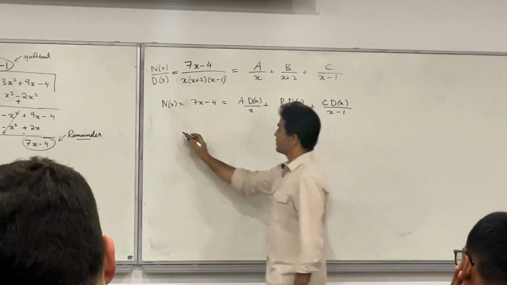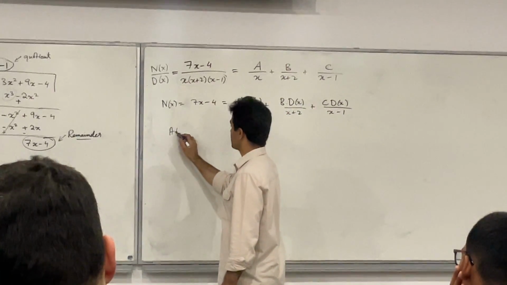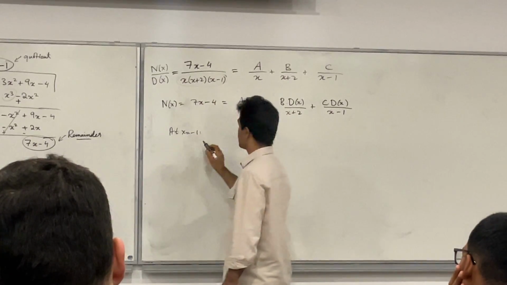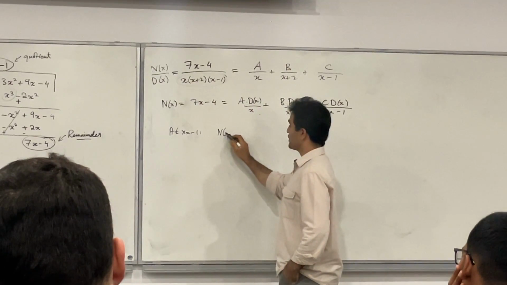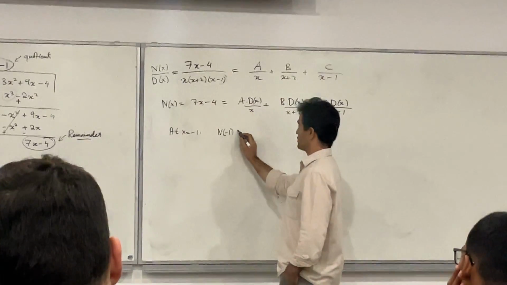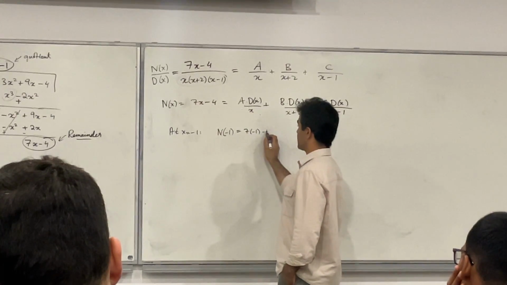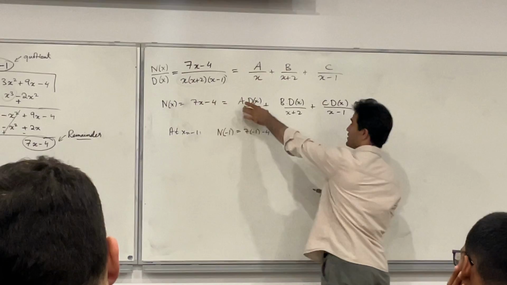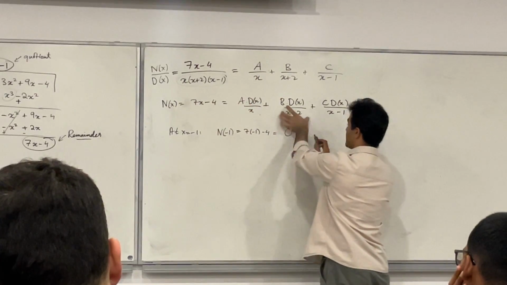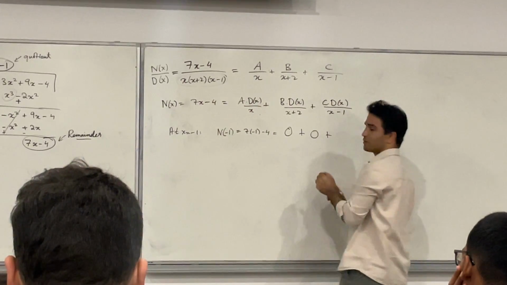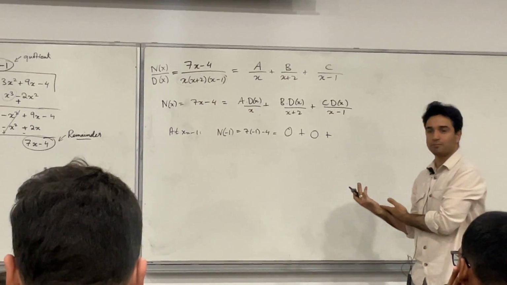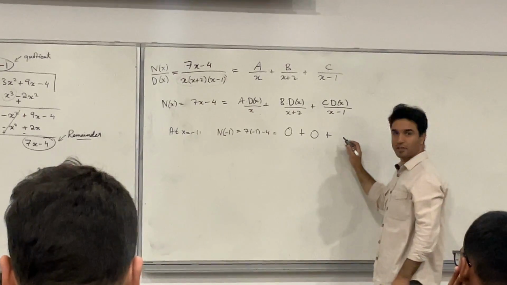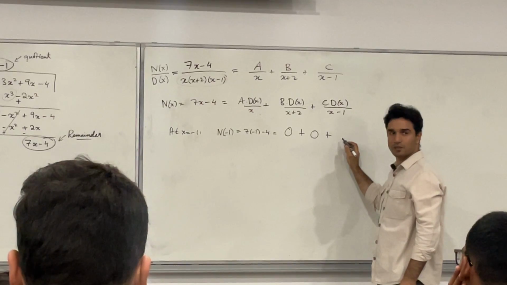So if I put in, what I get is the numerator at minus 1, which is 7 times minus 1 minus 4. This a part is 0, this b part is 0, and I just get the c part, right? Does that make sense?